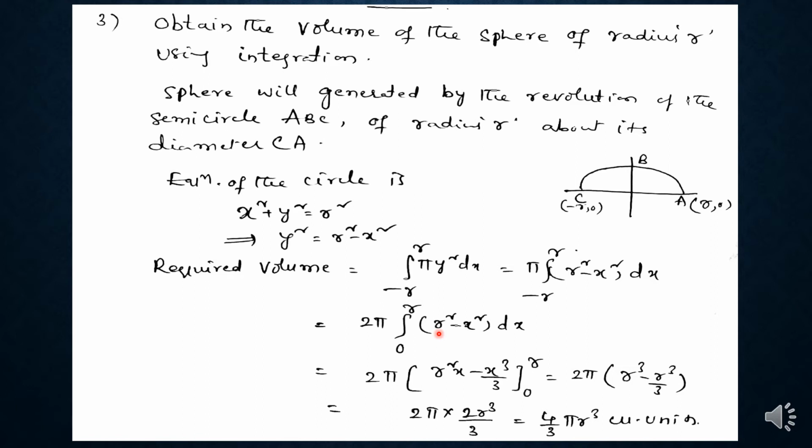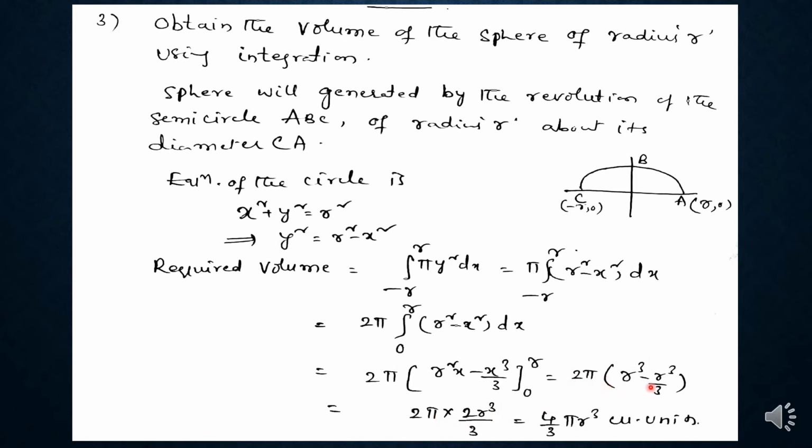Now by integrating the function, we get 2 pi times the integral of r squared dx. Here r squared is a constant, so r squared times the integral of dx gives x. So 2 pi times [r squared x minus the integral of x squared dx, that is x cubed by 3], with limits 0 to r. Now by substituting the upper limit x equals r, we get 2 pi times (r squared into r, that is r cubed, minus r cubed by 3).